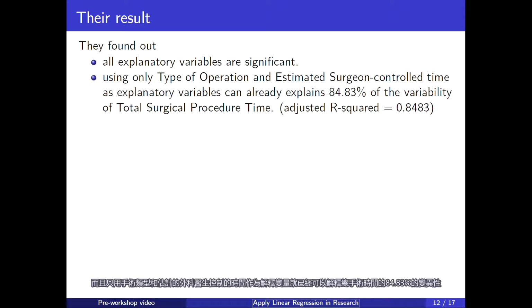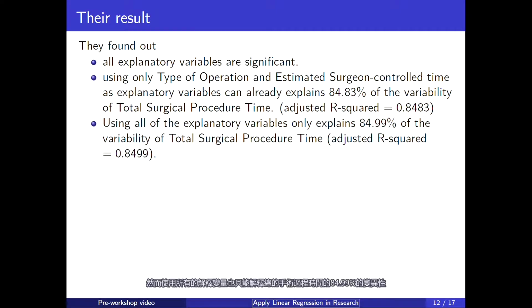Also, using only the type of operation and estimated surgery control time as explanatory variables can already explain 84.83% of the variability of the total surgical procedure time. However, using all the explanatory variables only explains 84.99% of the total surgical procedure time variability.